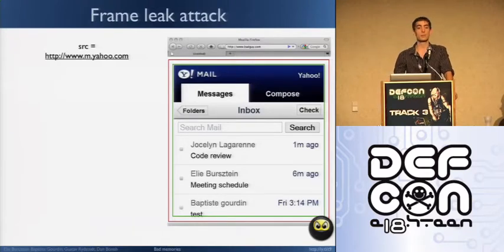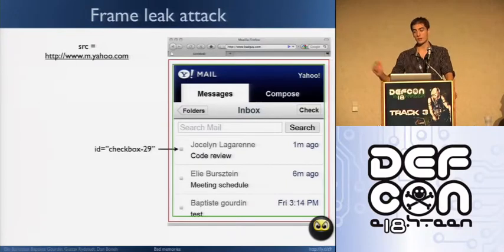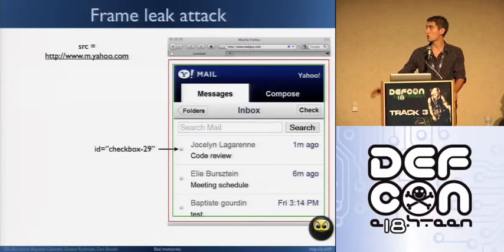This feature makes the page scroll automatically to a specific ID when adding it as a hashtag to a URL. So here, in this example, every email can be associated with a specific ID. For example, the first mail from Jocelyn is associated with the ID checkbox 29. So if I add this ID in the URL, automatically the page will scroll.